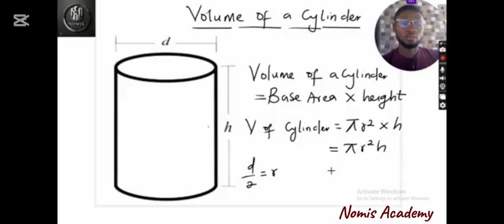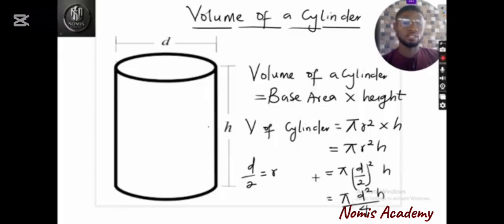So this formula can now become pi (d over 2) squared multiplied by height. So this can become pi d squared multiplied by height, all over 4. However, it's as simple as just dividing your diameter by 2 and you will have your radius. Otherwise, this other formula can be used to calculate the volume of the cylinder.